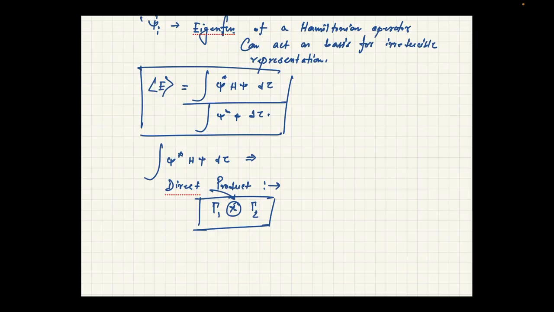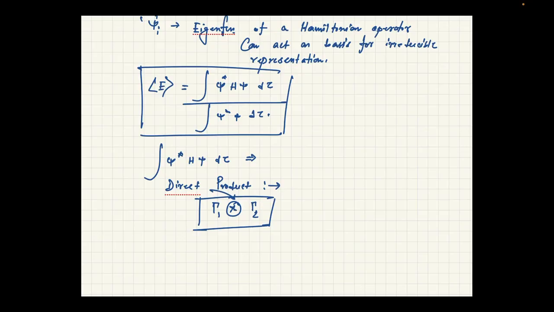Now, for this type of integration to exist, meaning to be non-zero: integration means area, no? So if the integration value is non-zero, then the direct product of two or three irreducible representations must have a totally symmetric representation, like Ag or A1.